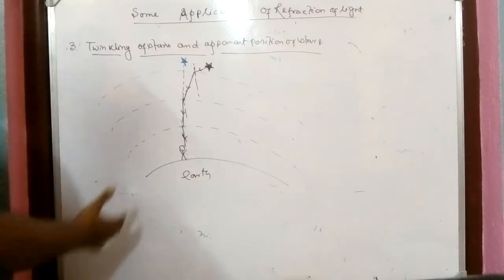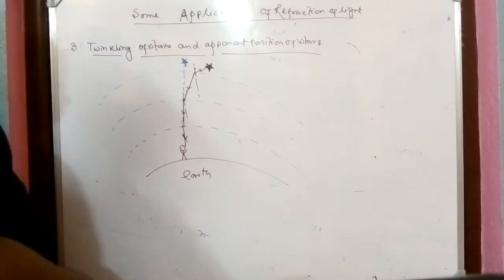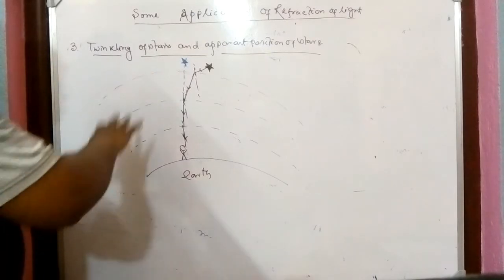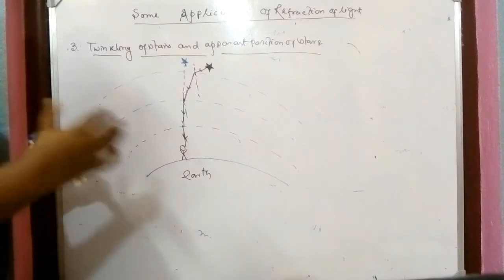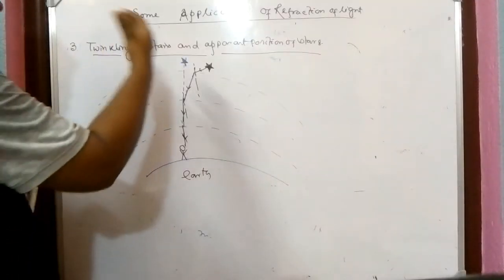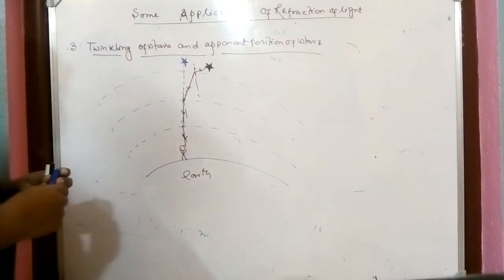Because as the earth radiates heat, the optical density of the medium changes, because the number of particles and the movement of particles change due to the change of temperature. So continuously the optical density of the medium is changed.